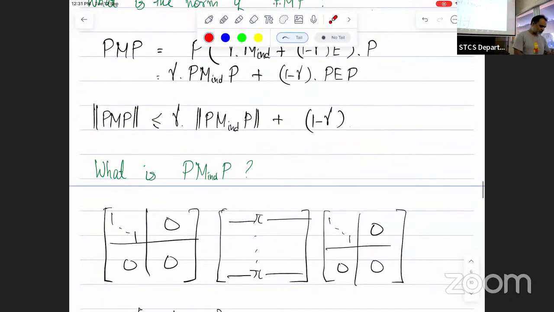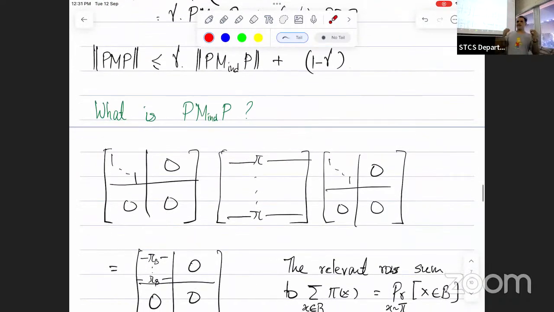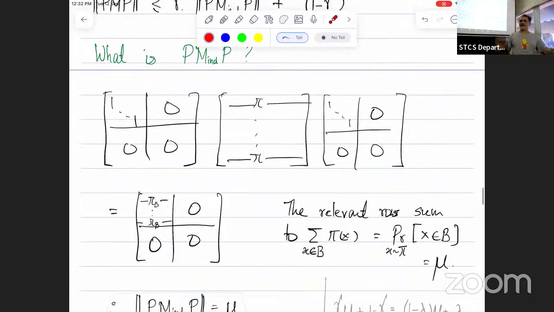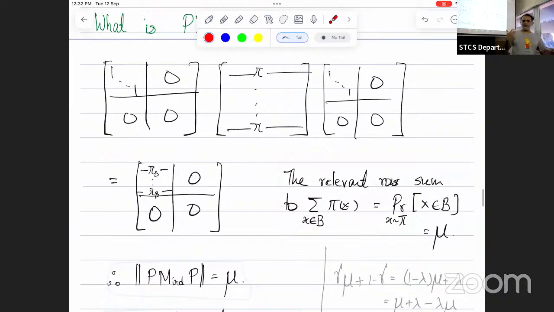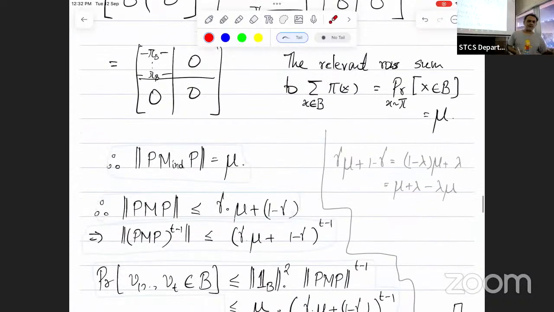We looked at the independent part, and the independent part is usually very instructive. You can just write down what is going on, and you know exactly what the eigenvectors, etc. are. So we immediately got that the spectral norm of the independent part is just mu. Then you put everything together and you get something that looks like some convex combination of mu and some error.